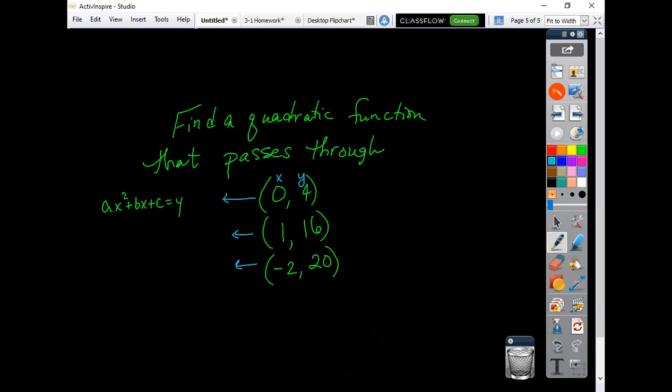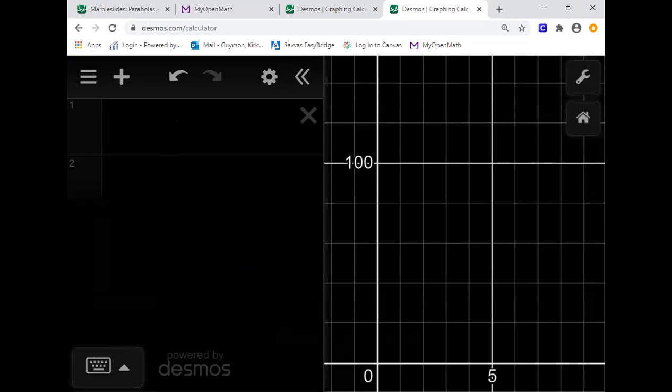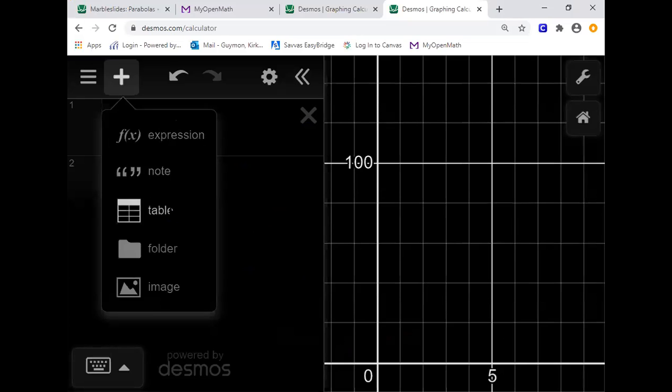So we will jump over to Desmos. See if I can find my Desmos. Here it is. And the first thing you have to do is you have to insert a table.